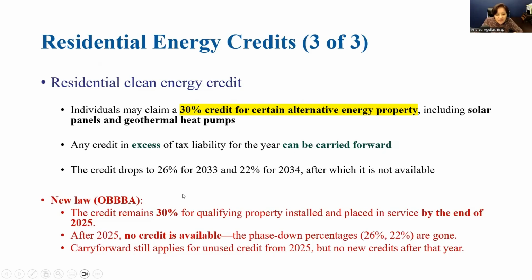The credit now remains at 30% for qualifying property installed and placed in service by the end of 2025. After this year, this credit will not be available anymore. So that is something that you need to remember because of OBBBA. The credit is going to disappear by the end of the year, 2025.